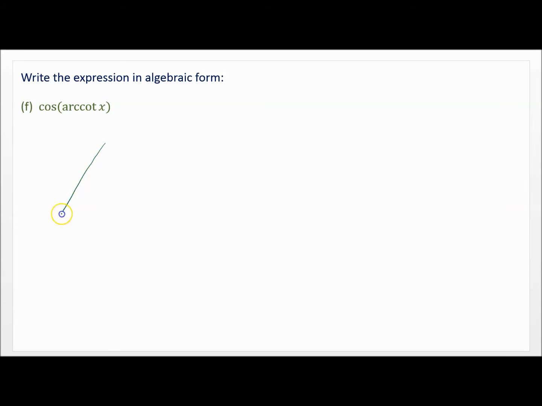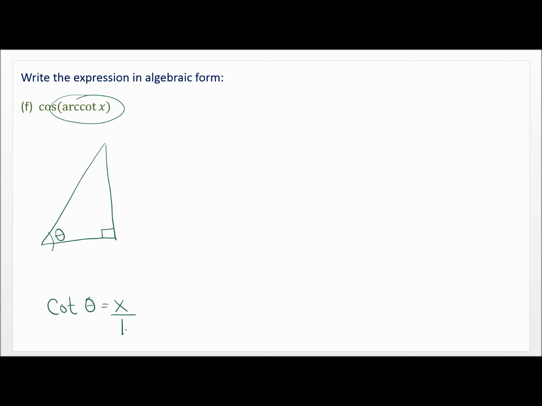So how'd it go? So here's my triangle. There's my 90 degrees. Now at this point you have to pick an angle for theta. I'm just going to call it this one. And then I'm going to start on the inside. So what this is saying right here is that cotangent of, we called it theta, is equal to x. And we need to write that as a fraction, x over 1.